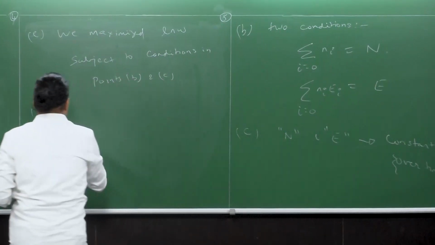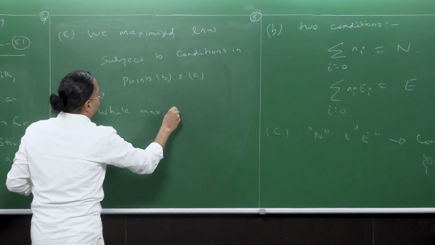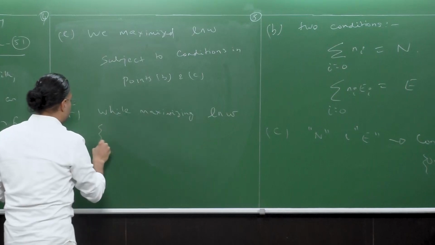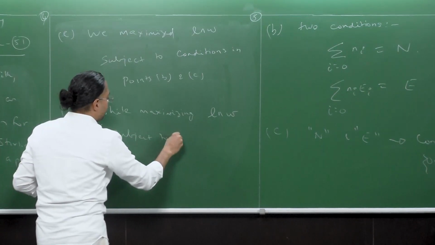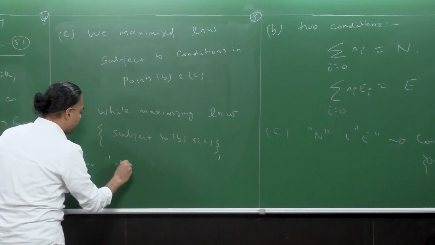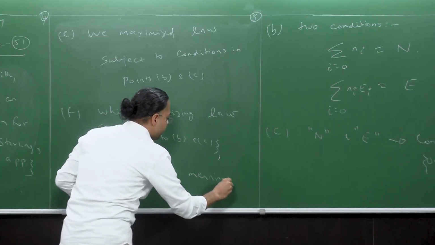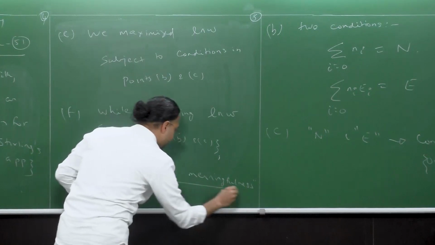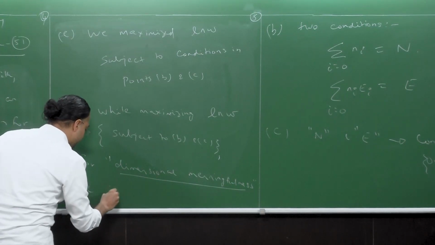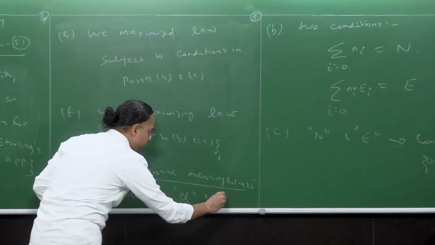So, while maximizing ln W subject to B and C, for the equation to be dimensionally meaningful, we introduce two terms, alpha and beta.